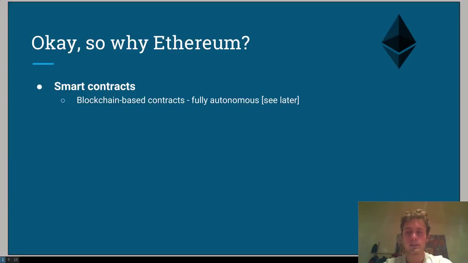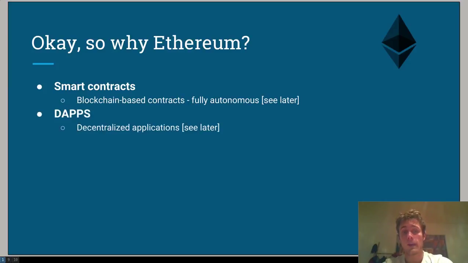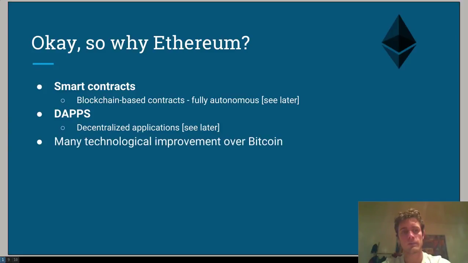Although it's already possible to do some smart contracts on Bitcoin, it's very cumbersome to do. And the thing that might really be game changing is dApps. Those are decentralized applications, and they actually rely also on smart contracts. We'll look into this later.